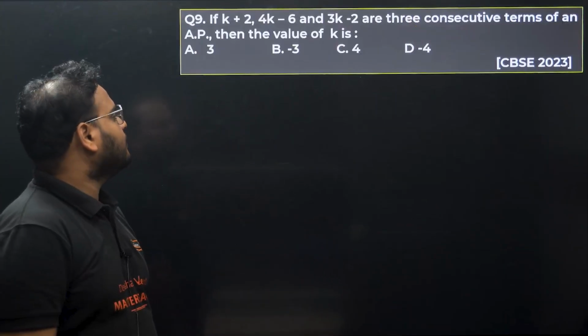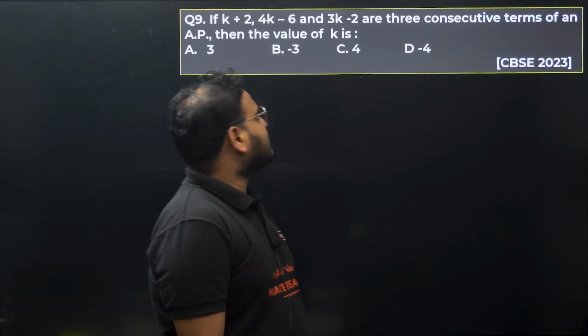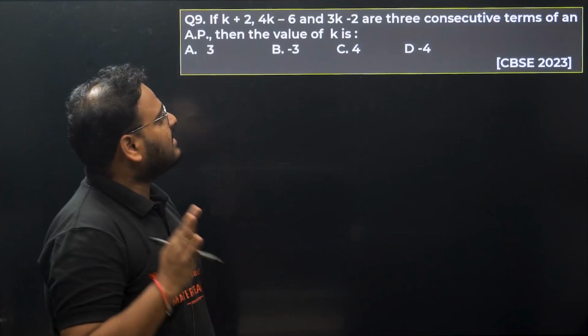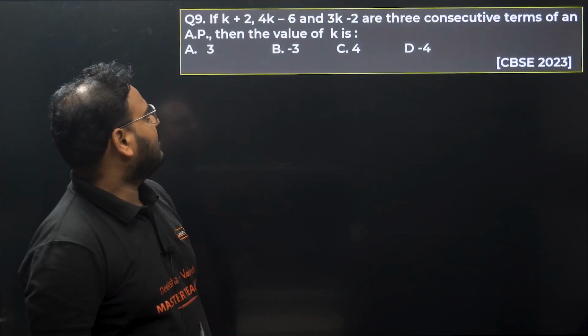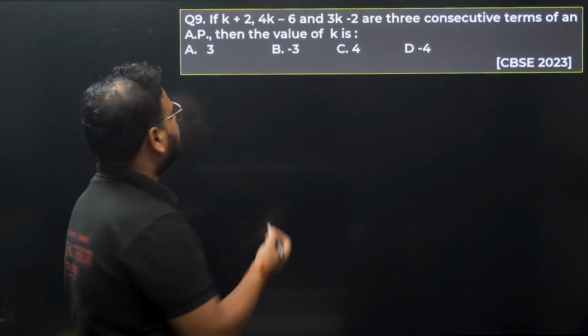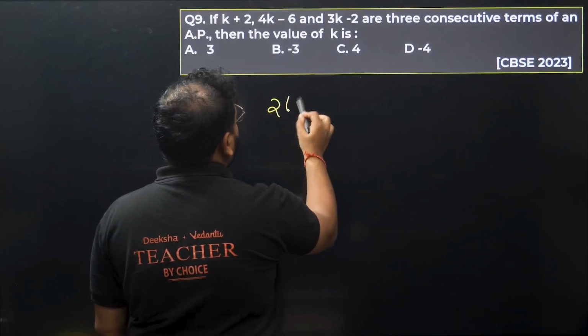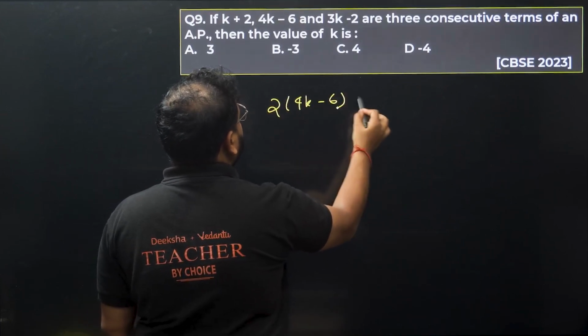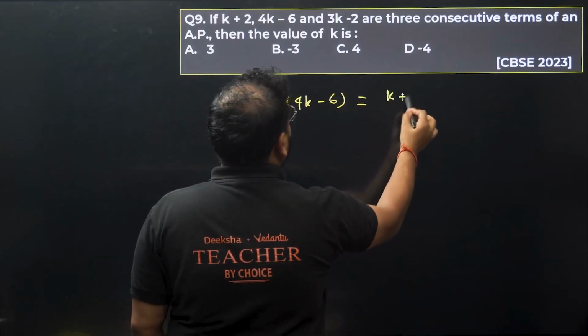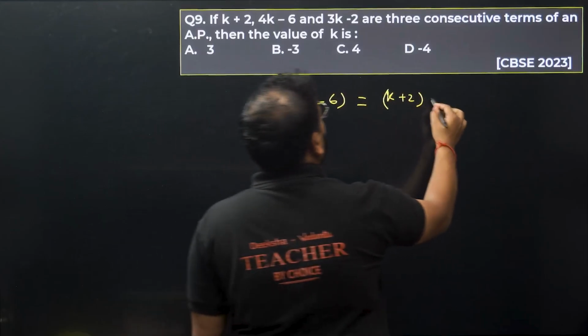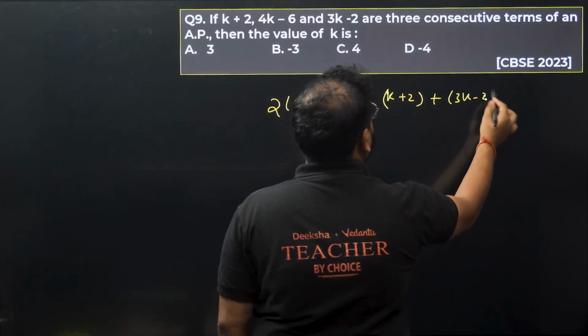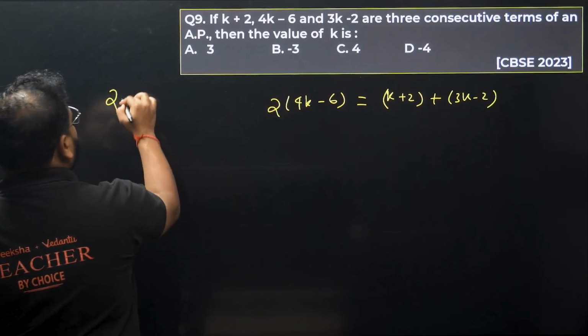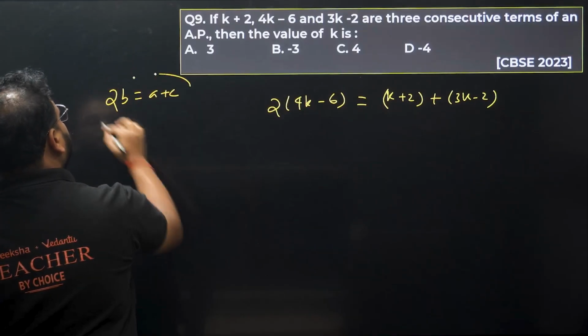Question number 9 now. If k plus 2, 4k minus 6, 3k minus 2 are 3 consecutive terms of an AP, then the value of k is what? Same thing. Apply here: twice of 4k minus 6 equals k plus 2 plus 3k minus 2. Which condition are we using? Twice of b equals a plus c.